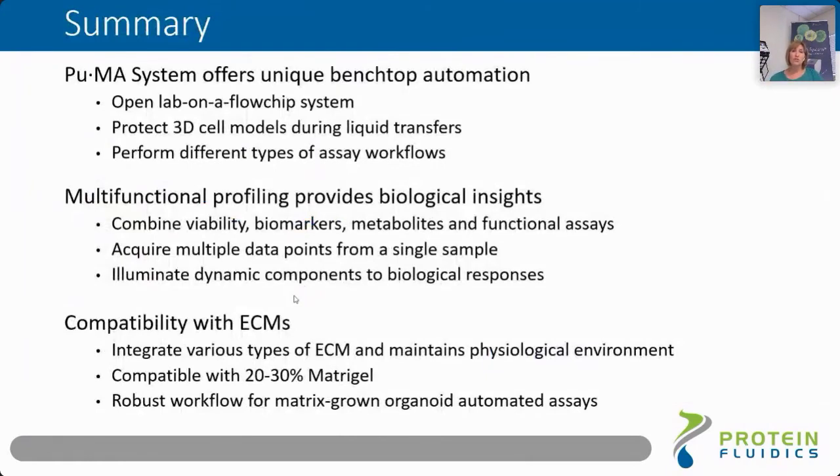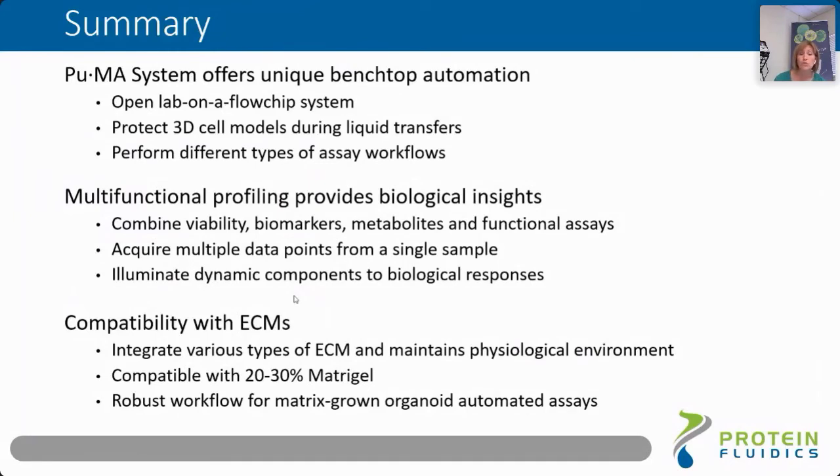And so to summarize what I've talked about today, I hope I convinced you that the Puma system is a really unique technology, an open lab-on-a-chip system that allows you to do different types of assays and create different types of workflows for your precious samples. It allows you to do multifunctional profiling and really collect a large amount of data for your samples.